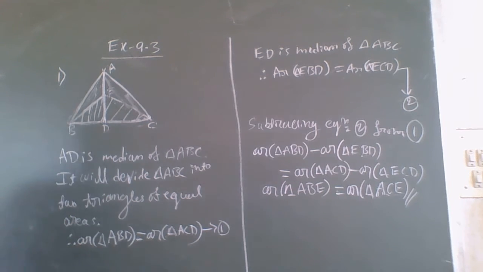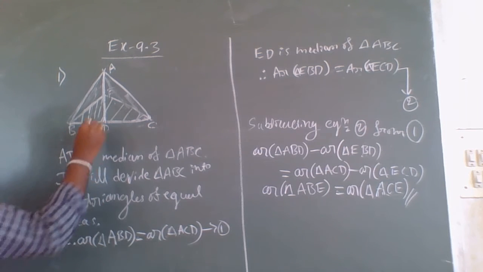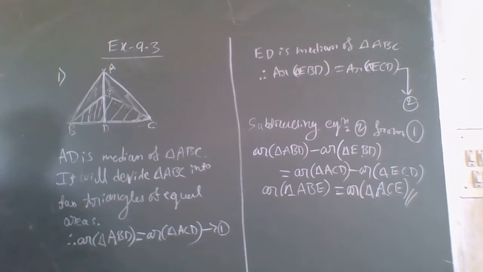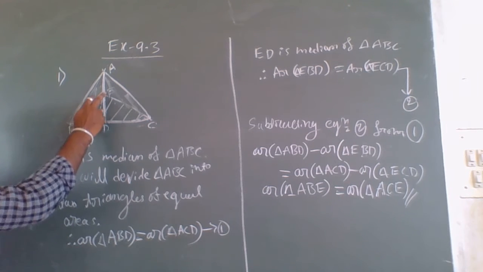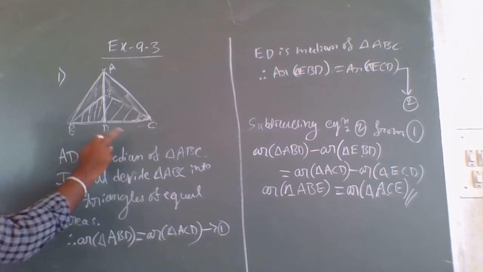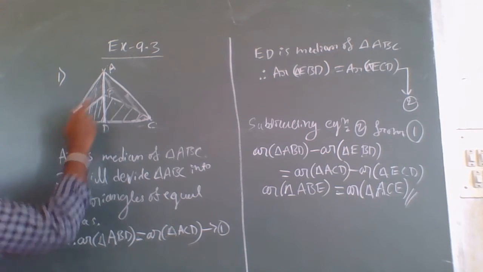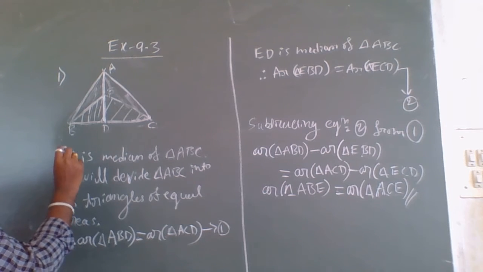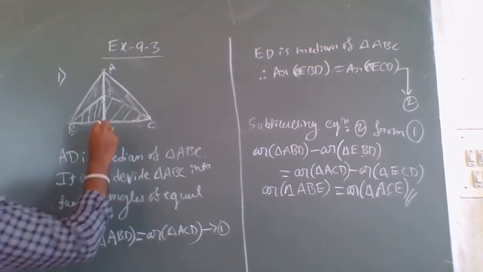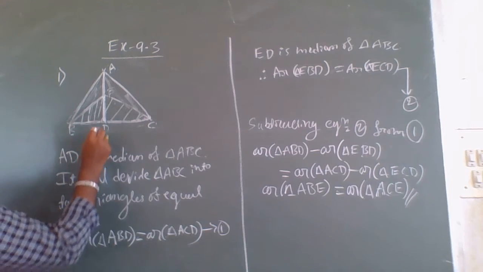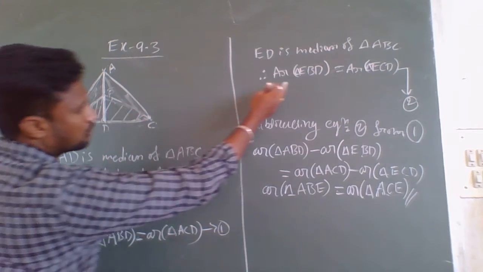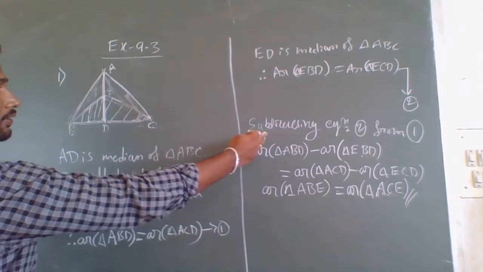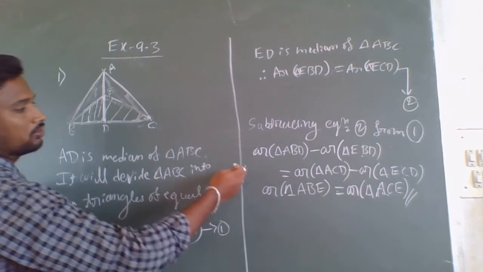So this is considered as 1, and ED is part of AD, therefore ED is also median in triangle EBC. So if this ED is median, then area of EBD equals area of ECD. So here we got equation 2.